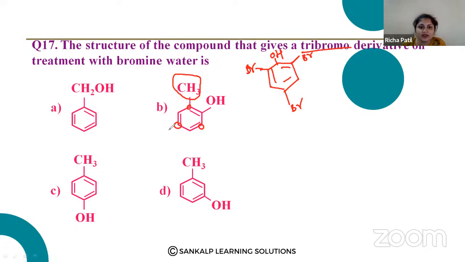Not C. In option C, the ortho positions are free, but the para position is not free. This is also wrong. So the answer is D. You can see these are the ortho positions where Br can get attached, and this is the para position, with respect to OH. So this is the correct answer. D is the correct answer. Understood?